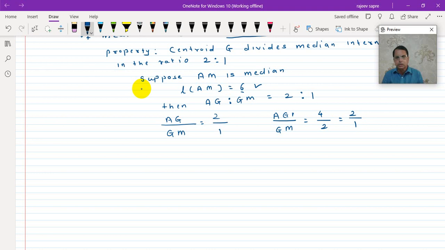And when you talk about centroid, it divides the median into two parts. And what is the ratio of the lengths of those two parts? It is 2:1.